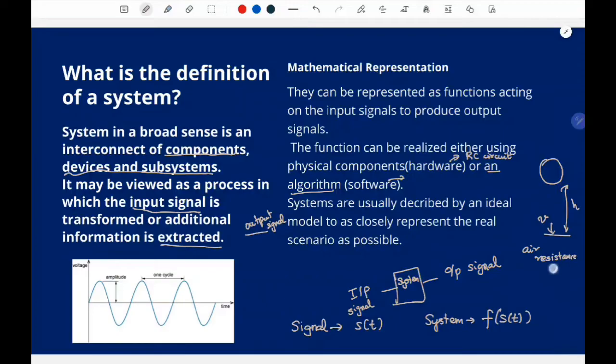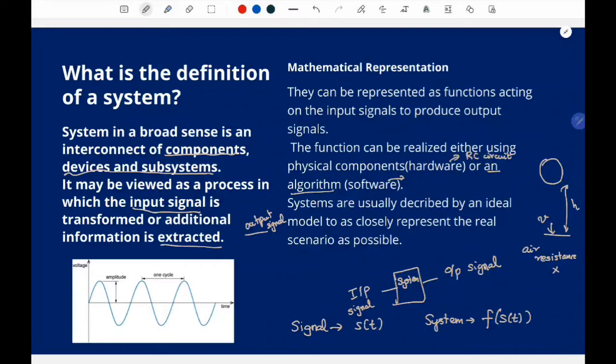So air resistance is neglected. That is an approximation to the actual scenario, right? So systems are usually represented by considering only some important variables which account for the maximum involvement in the given scenario, and other variables can be neglected. So that is what it means.